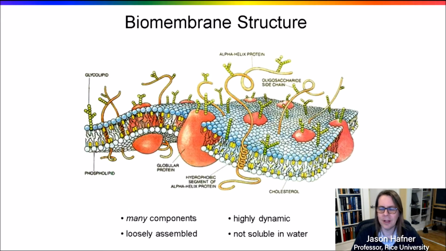So, biomembrane structure. Lipid membranes are, of course, very important. This is the boundary of the cell, and it's also the boundary of almost all the organelles. People that study membranes say that everything is membranes, and not quite true, but a lot of stuff happens in the membrane.